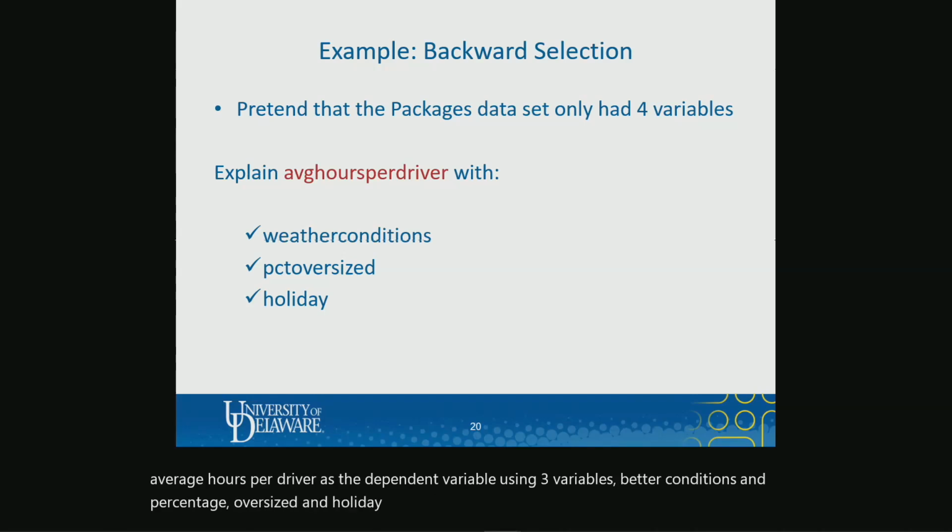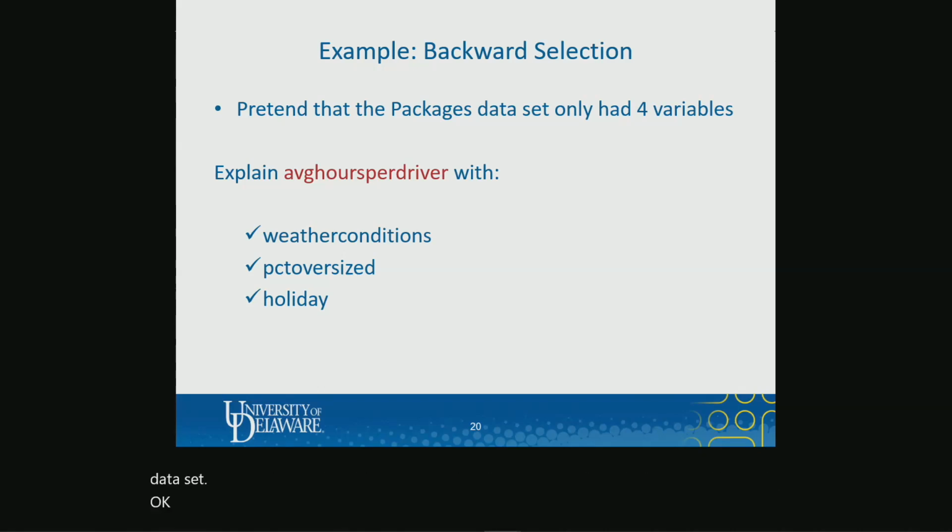Let's imagine that these are the only three variables in the data set. Okay, so let's see how we do backward selection. We go to R.